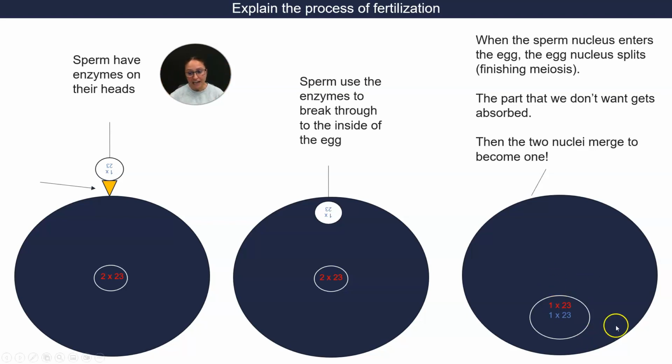It's basically a normal cell. This part came from your mum and this part came from your dad. That is called fertilization, when the sperm nucleus and the egg nucleus finally combine into one nucleus.